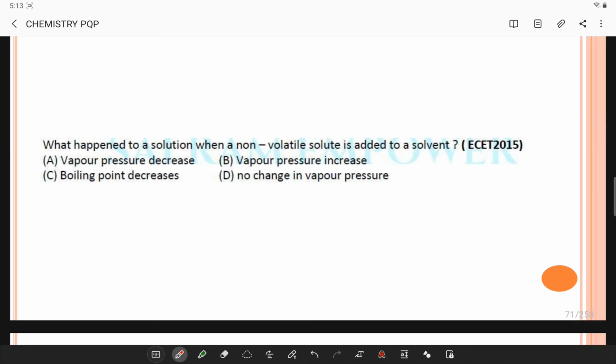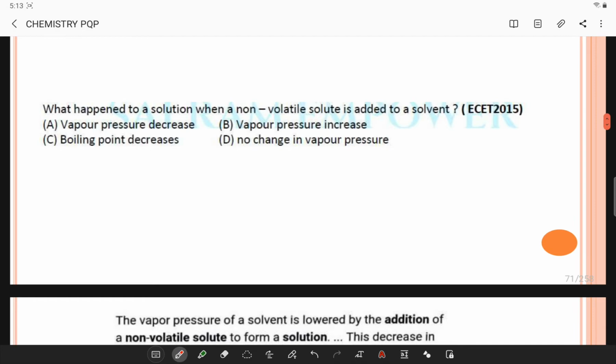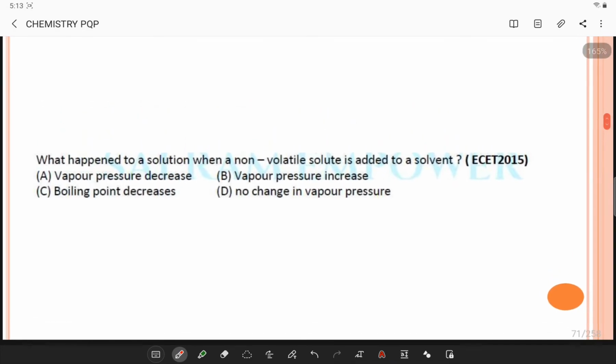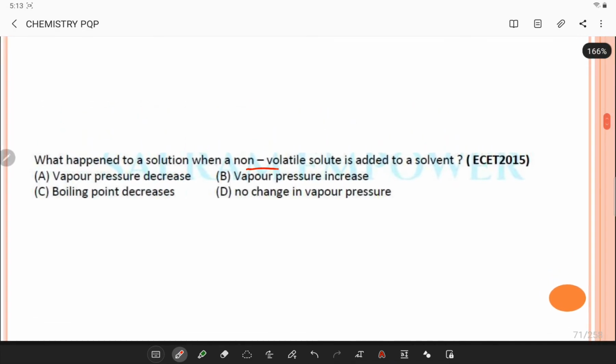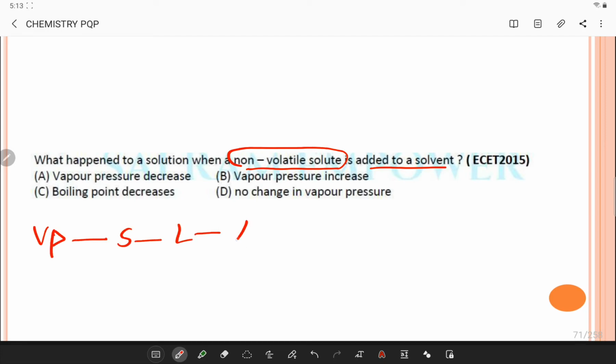what happens to a solution when a non-volatile solute is added to a solvent? So if you observe, the vapor pressure of a solvent is lowered by addition of a non-volatile solute to a solution.